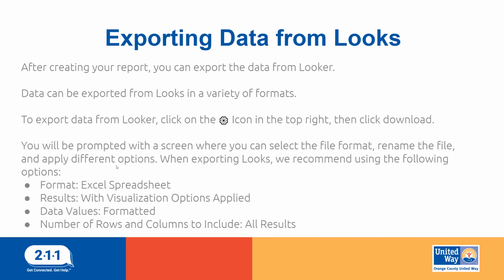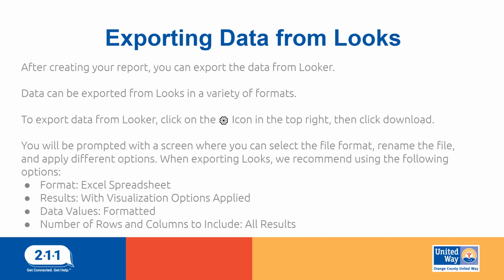You can choose what file format you want to work with, whether or not you want to keep the formatting of the Looker tool itself or maybe a more raw data structure, as well as the number of rows to include. Generally speaking, we want to keep the default options.